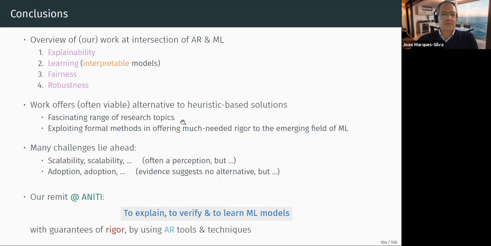I think this is what we are doing and others are doing, and this is very important. I cannot claim this is a huge success. Why? Because there are people, well, that's why we are doing tractable explanations, for example, but scalability is important. Sometimes it's just a perception, but sometimes it is true. But as I said, sometimes even when the problem is NP hard, we can compute it efficiently.